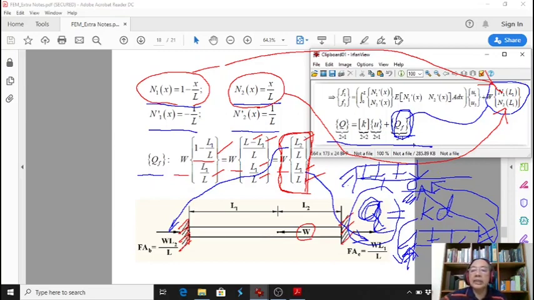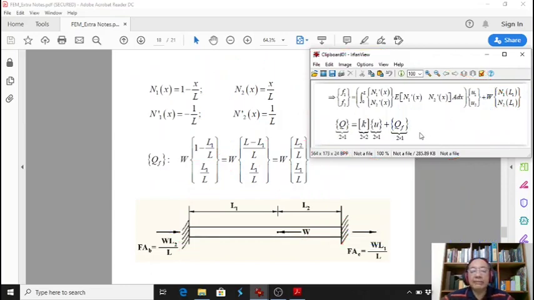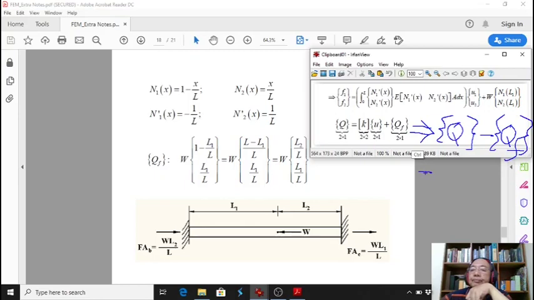So this also transfers here and becomes a nodal load, but we take the opposite direction. If we expand this, this becomes Q minus QF equal to KU.